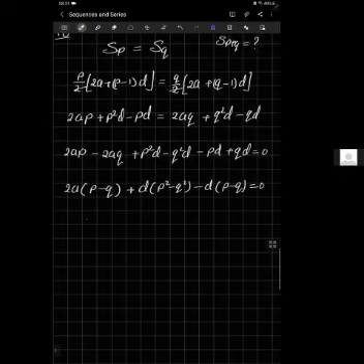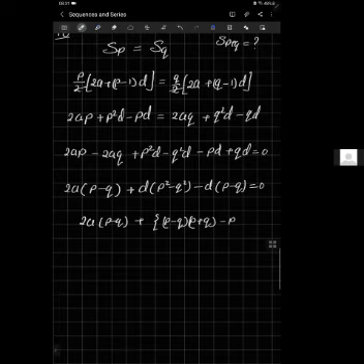Now, one more step I'm taking. 2A into P minus Q plus, I'm taking d common. P square minus Q square can be written as P minus Q into P plus Q, minus P minus Q. I've taken d as common, equals to 0.